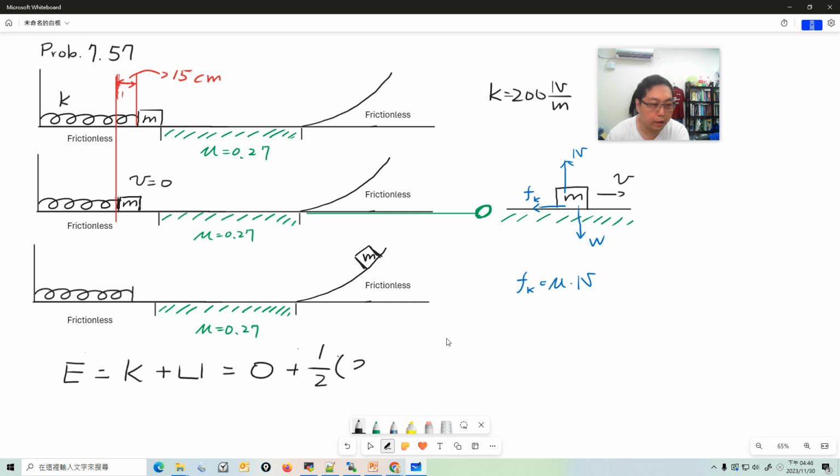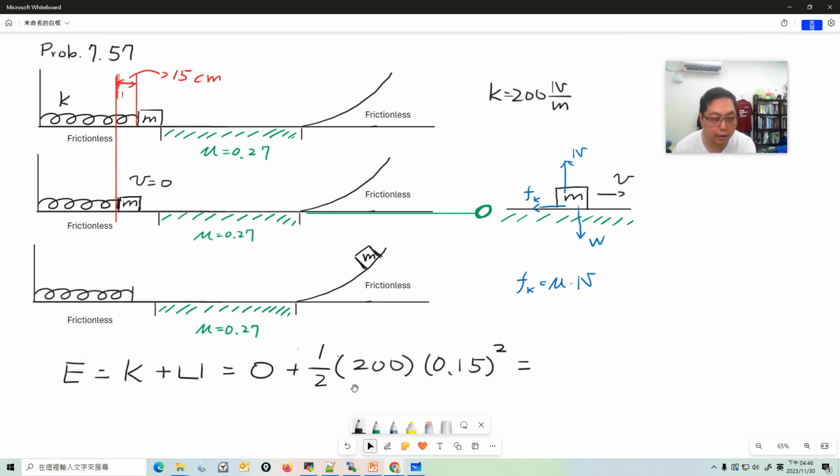The compression is 15 centimeters, which means 0.15 meters, squared. Using the calculator, the total energy at the initial state is 2.25 joules.